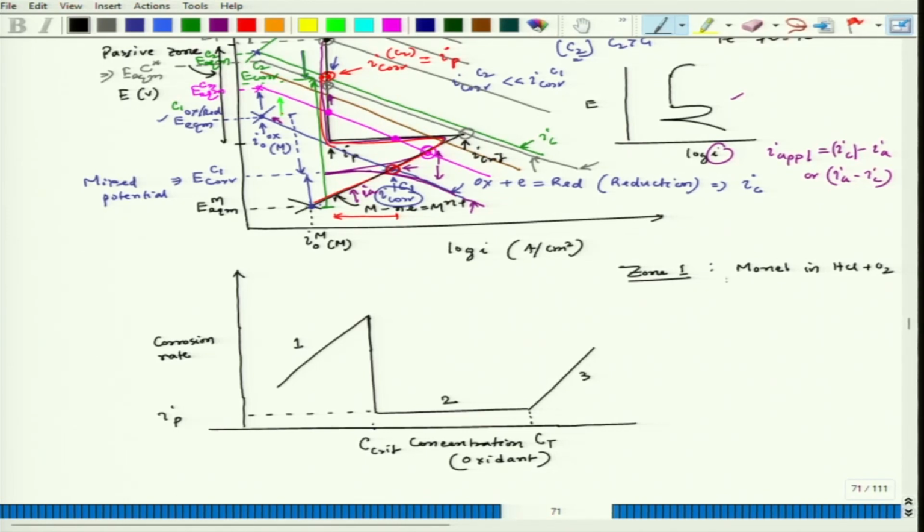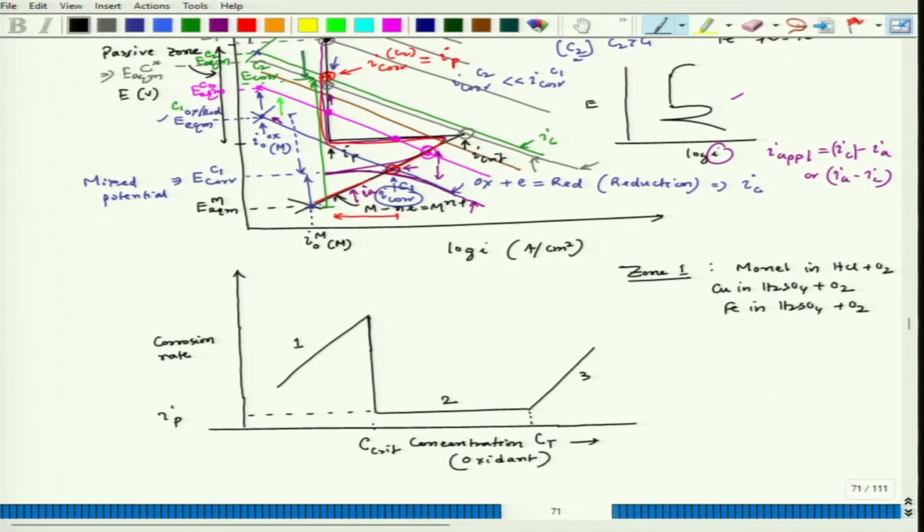Then we can have this behavior in copper in H2SO4 plus O2, Fe in H2SO4 plus O2. So, that means all the time it will be showing active behavior. That means an increase in concentration will bring an increase in corrosion rate, or the protection will be hampered. So, it will have a rapid dissolution.